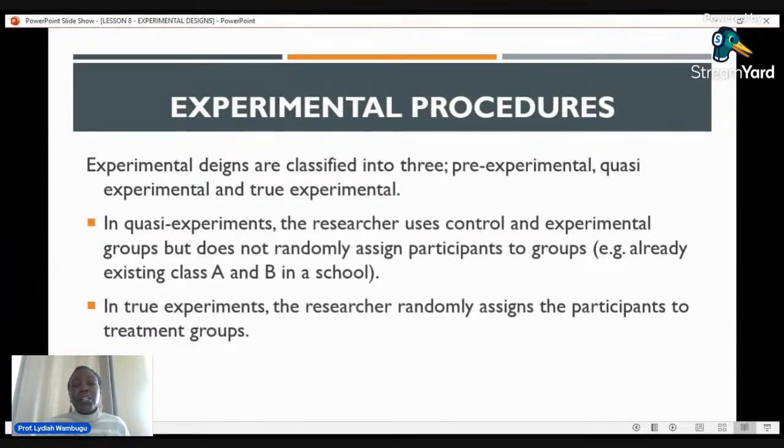As we began, we had said, why do many students feel like this is not a design that they should use? The issue is normally because of controlling extraneous variables. You imagine that you cannot, but it is something that is doable. You only need to identify from the problem that you have the factors that are likely to confound, and you remove them as much as possible.